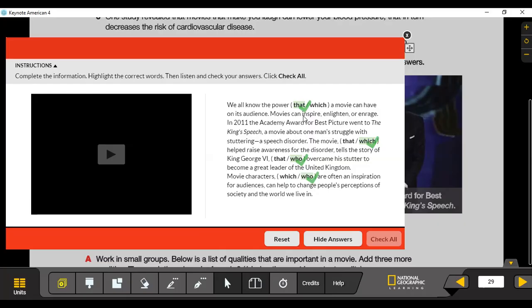So again, I can use which and I can use who, but because I'm referring to them as if they were people, it's best to use who. Characters.